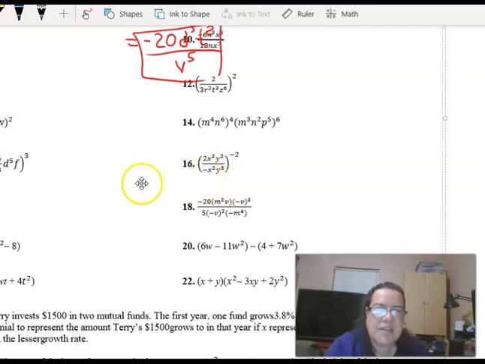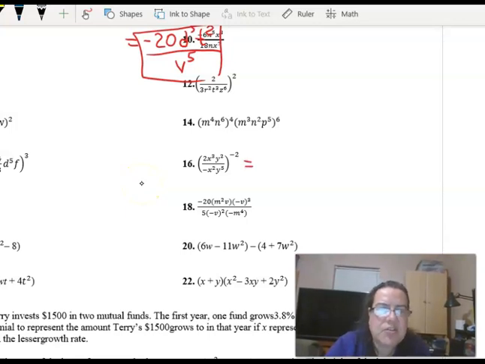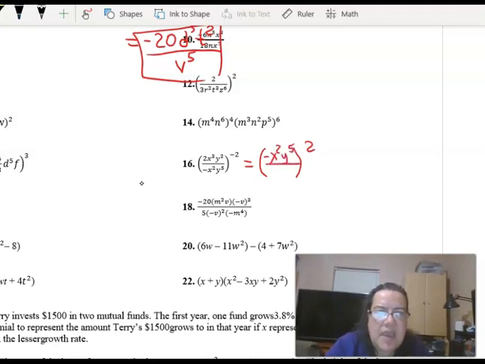I could already fix the negative 2 really easy. Remember, anytime you have a fraction to a negative power, flip them and then make it a positive power, right? So in this case, it would be negative x squared y to the 5th on top. And on the bottom, you would have the 2x to the 3rd y squared.